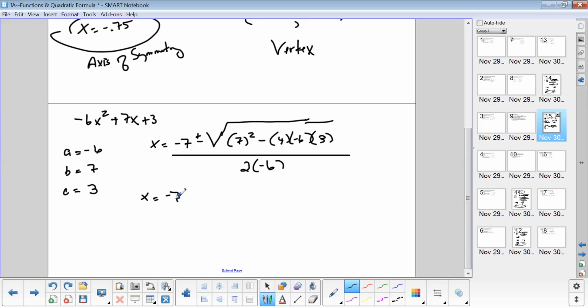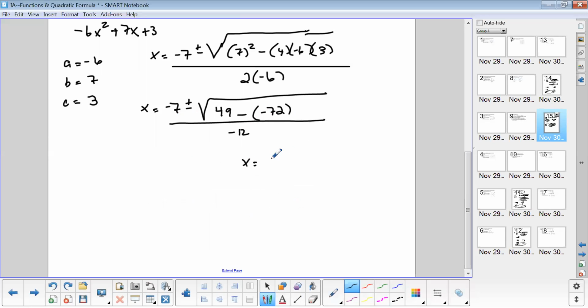So I'm going to have negative 7 plus or minus the square root. 7 squared is 49. Minus, now what am I going to get with the product here? Well, 4 times negative 6 is negative 24 times a positive 3, and I'm going to get a negative 72, all divided by negative 12.